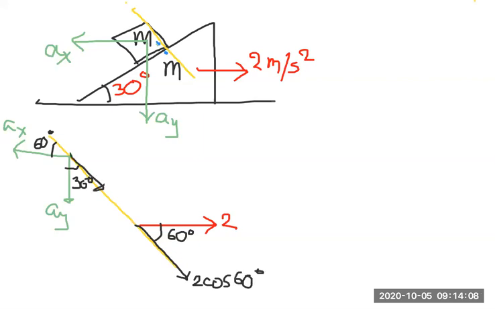This component will be AY cosine 30 degrees. And this component will be AX cosine 60 degrees. Please notice that I'm only interested in the components of acceleration along the yellow line. There are components of acceleration perpendicular to the yellow line, but we are not bothered with that. Now, the acceleration along the yellow line should be equal for both the blocks if they are in contact with each other, right?